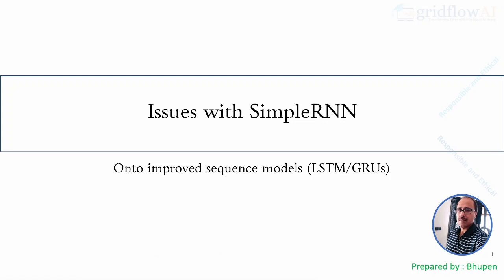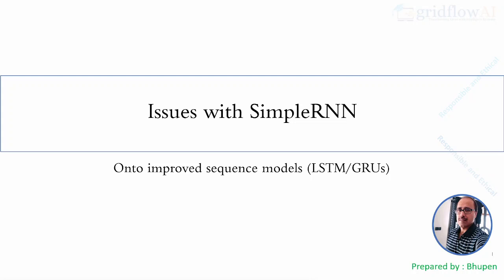As the technology evolves, so does the demand for sophisticated architectures to handle complexities of the sequential data. And this essentially leads us to explore advanced architectures like LSTM and GRUs. In short, it's called long short-term memory and gated recurrent units.